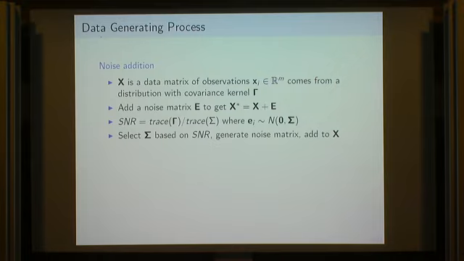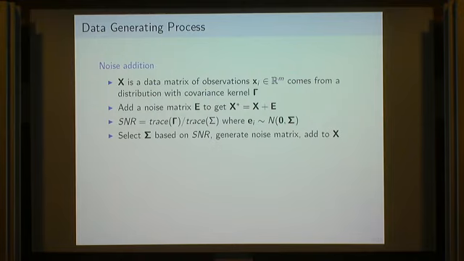Now, how do we generate this noise matrix? This can be based on the strength of the original data matrix. As done by other authors, this can be based on a percentage of strength, like P times the covariance matrix. In statistics, we can say this is the signal to noise ratio, the trace of the original matrix over the trace of the noise matrix.